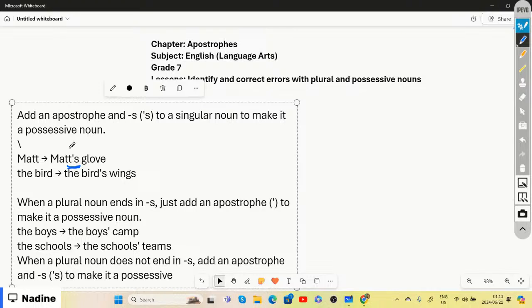All right. So we say that when a plural noun ends with an s, and we will find out now what we mean by that. And then we only add an apostrophe, no s, nothing.